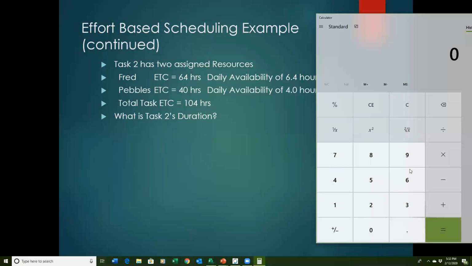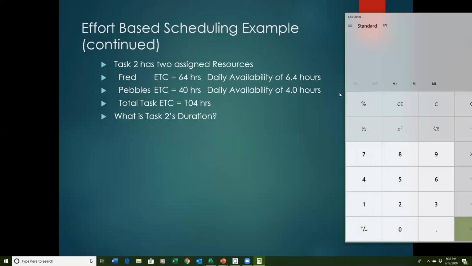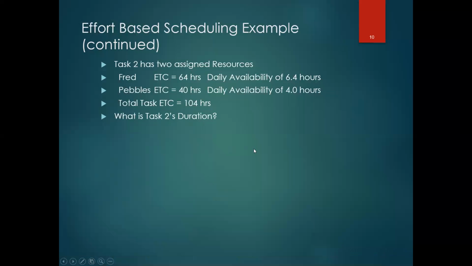And if we do the straight math, of course, if you look at it, I did it. If I get 6.4 hours a day and I've got 64 hours, that's 10 days. And if I have 40 hours divided by 4, that's 10 days. So that task should take 10 days, correct? The answer is actually 23 days.